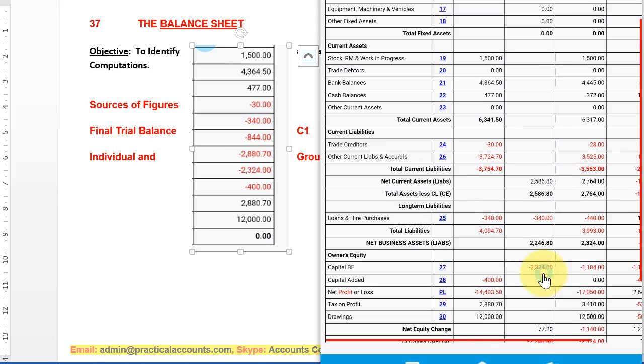And then let's see, 2880 appears there. Now loans and hire purchase, the 340. Oh yes, the 340 is up there. Now what about this 844?